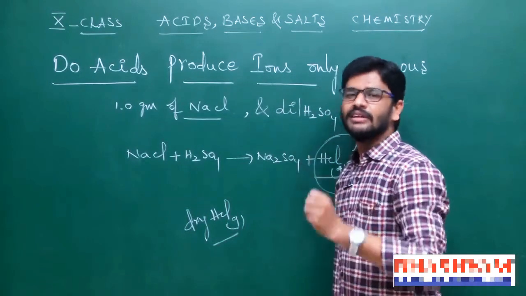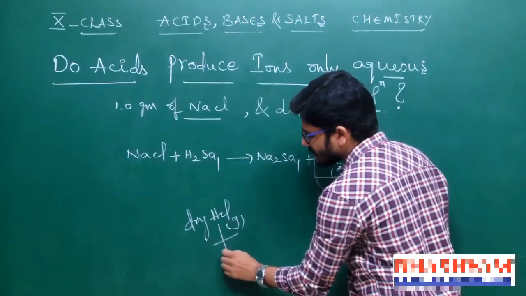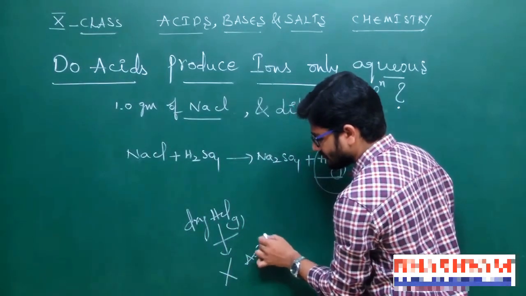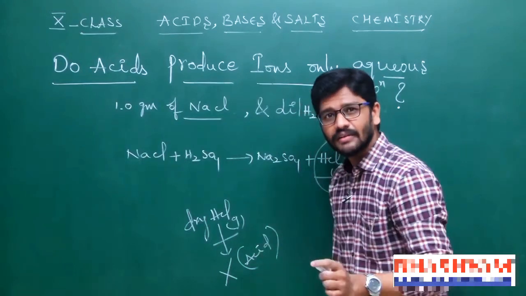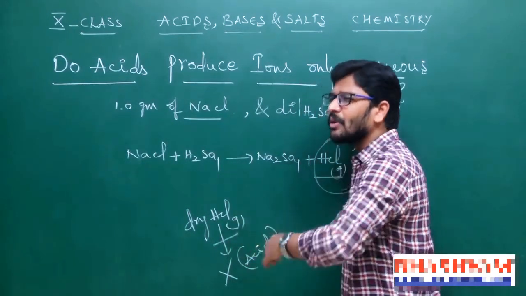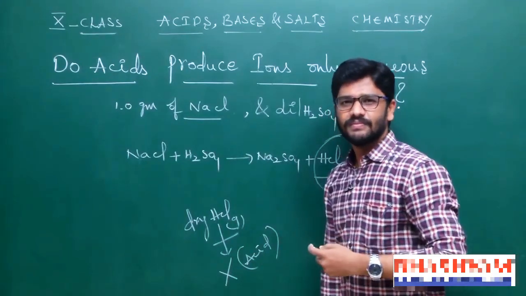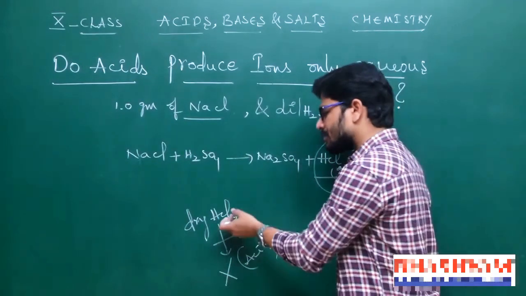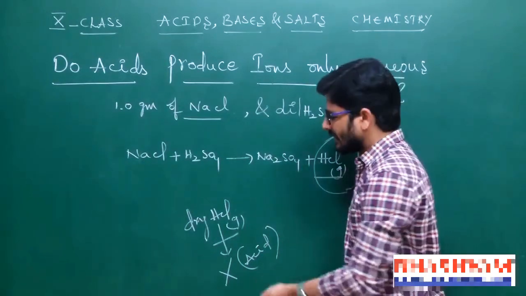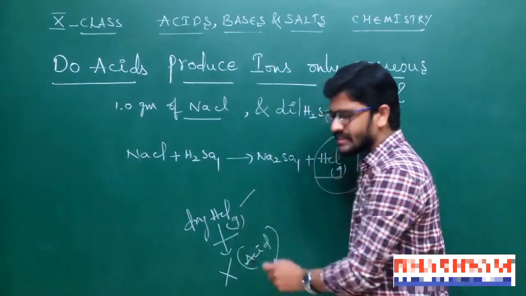So we conclude that dry HCl is not an acid. Why, sir? Because this substance can't produce H+ ions. Otherwise, this substance can't change the blue litmus paper. That's why dry HCl can't be regarded as an acid.